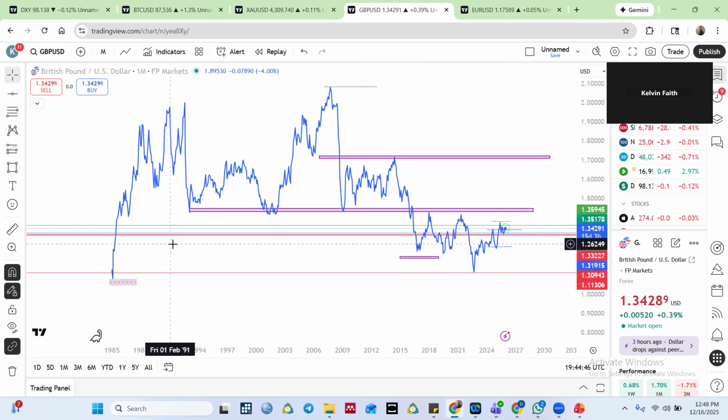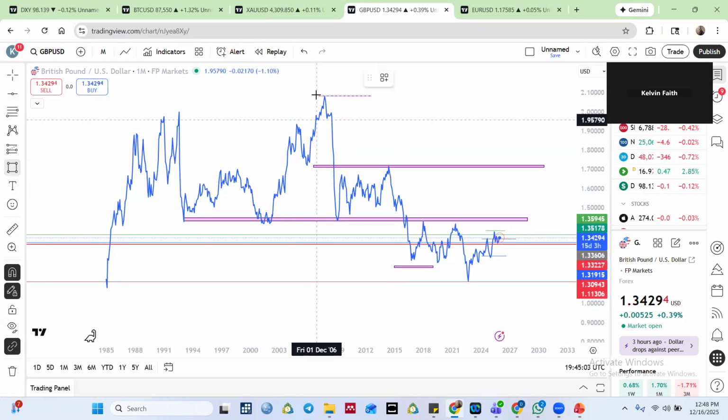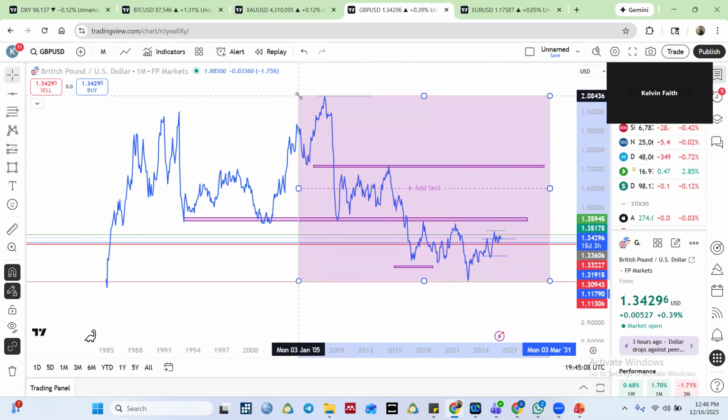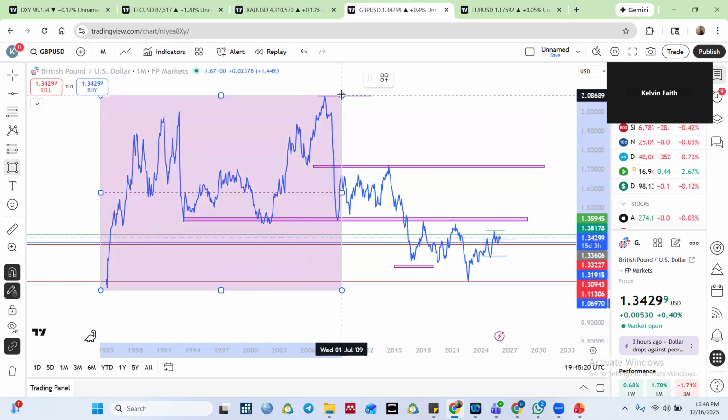Now the market comes down to this point, but it doesn't take that important low point out. So for me, I can still argue that though we are seeing a bearish structure from up here to down here, we are still within the bullish market from down here to up here because this low has not been taken out. Do you guys get my argument?